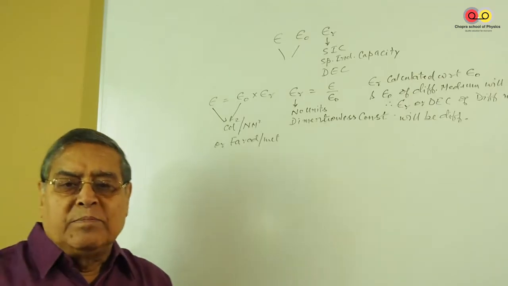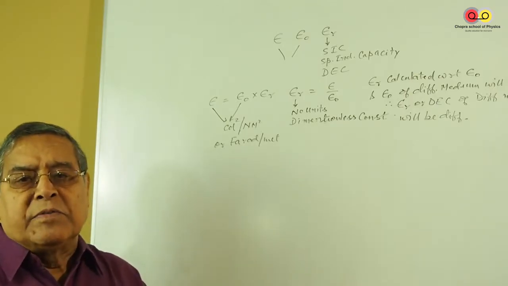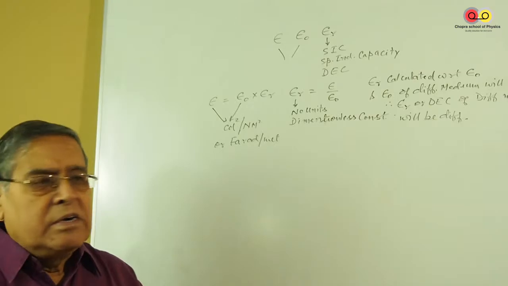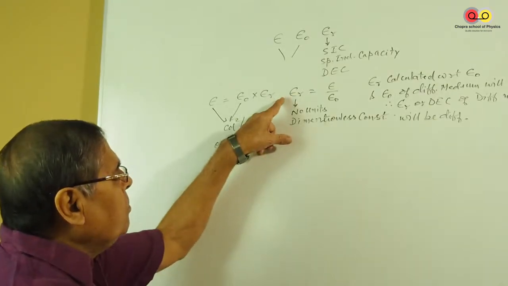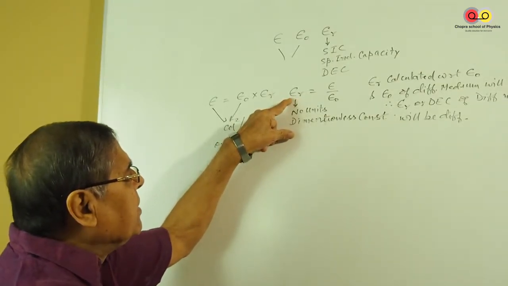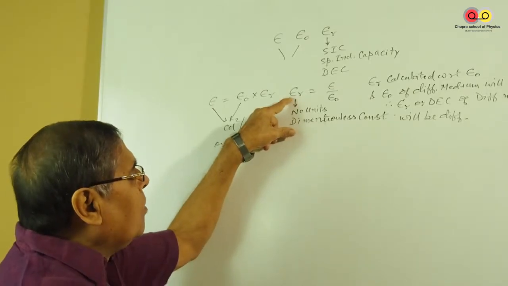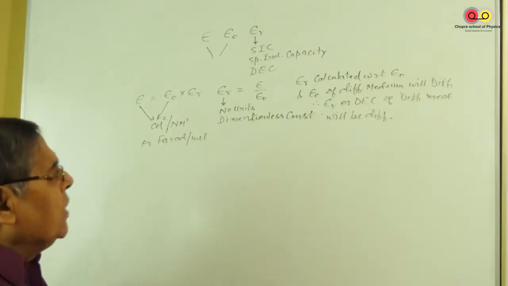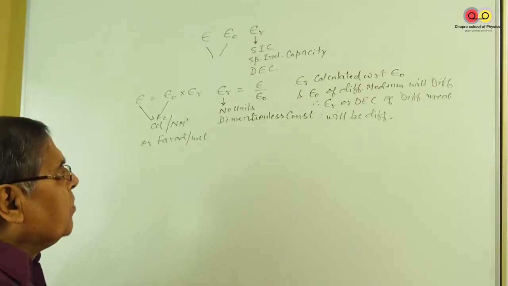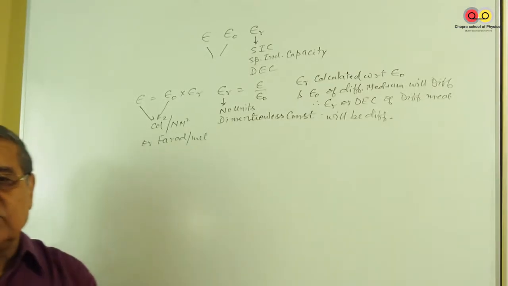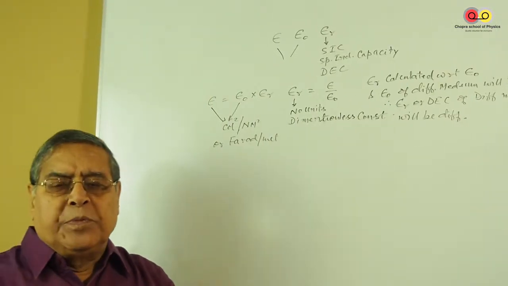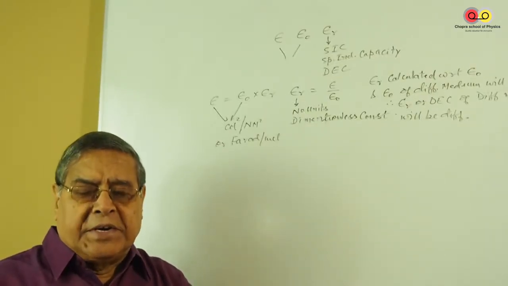So if the absolute number changes, the relative number will also change. Now, we must know what the relative permittivity of the air medium with respect to absolute permittivity should be, what the range of dielectric constant should be, and what the range of permittivity should be.